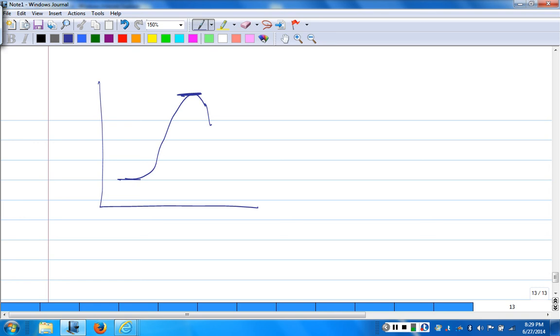If there are two reagents, then their combined energies must be enough to bridge this gap. Otherwise, there's no reaction. Let's say this represents the energy of hydroxide. Let's say hydroxide's energy is that much, right? I'm being kind of silly, but let's say that's hydroxide's energy.